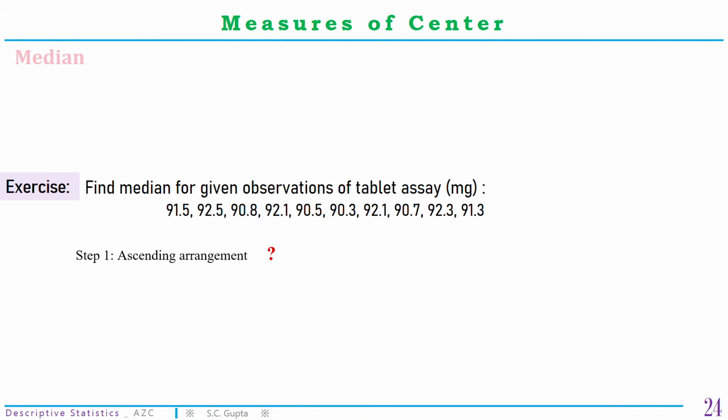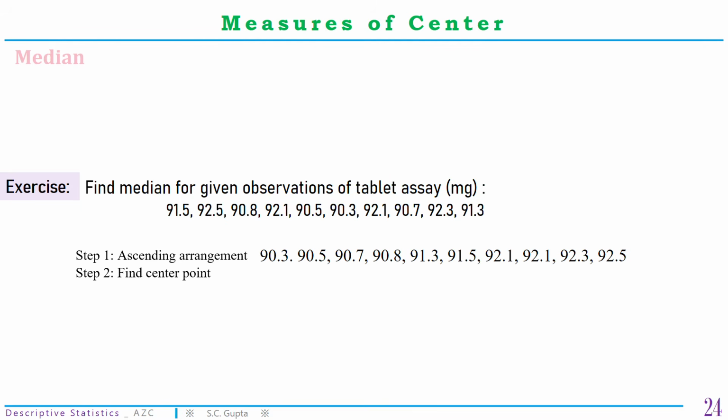Exercise. Find median for given observations of tablet assay in milligrams, given here. Step 1 is ascending arrangement of the data set. Ascending arrangement is displayed here. Now step 2 is find center point. The total observations are 10. A single position is not possible as the middle point.